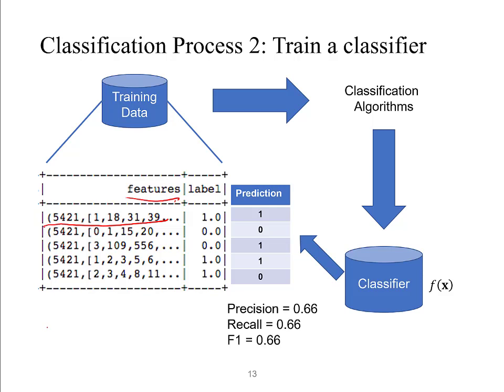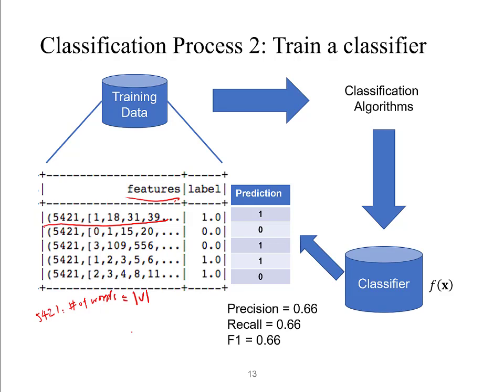5,421 is actually the number of words, or the size of the vocabulary. Since it has been converted into a feature vector, the word itself does not matter, right?